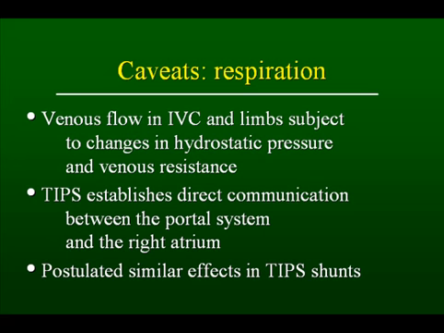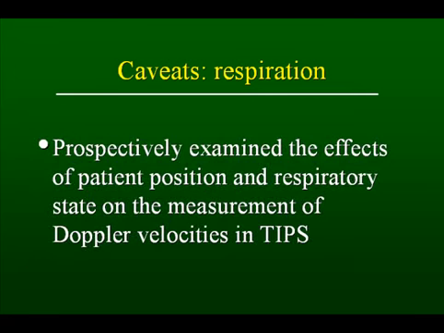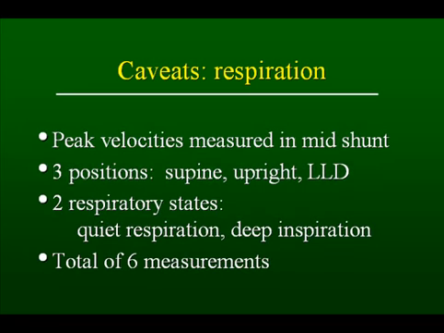Another thing you should be aware of is that the velocities that you obtain within the shunt are dependent on the phase of respiration. If you look at the velocities within the TIPS shunt, you will see that it decreases with Valsalva. We did a study looking at the effects of patient position and respiratory state on the measurement of Doppler velocities in TIPS.